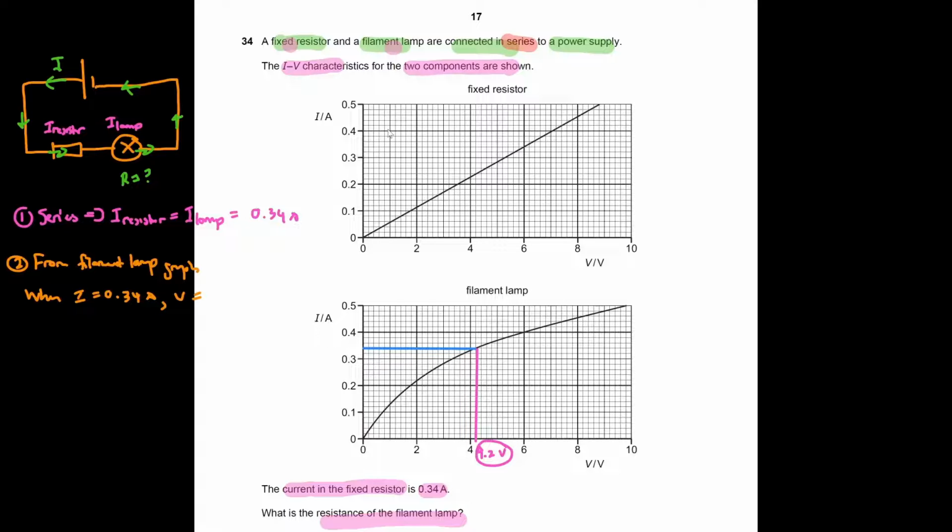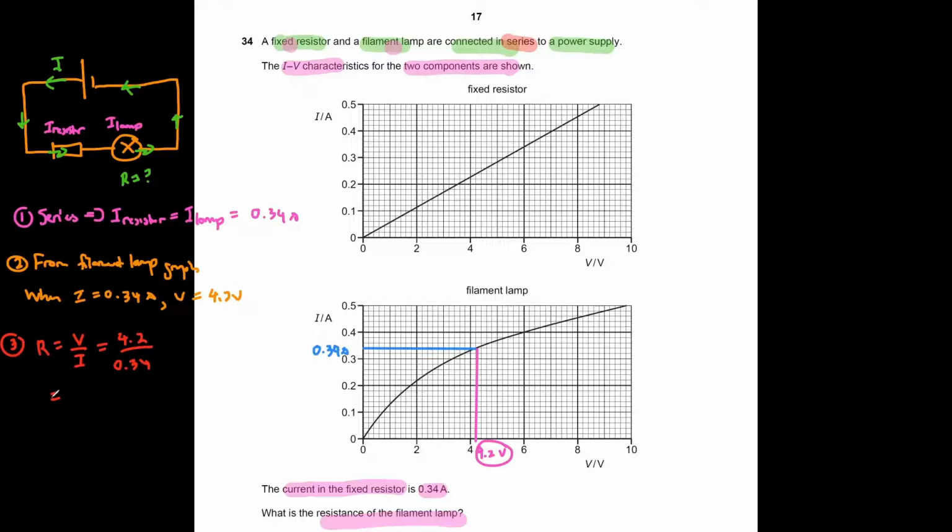Let me just write it out here. So you will get a voltage value of 4.2 volts. Now from here, you can find out your resistance, because resistance is the ratio of PD to current. So you take the values of voltage and current through your filament lamp. You take 4.2 divided by 0.34.